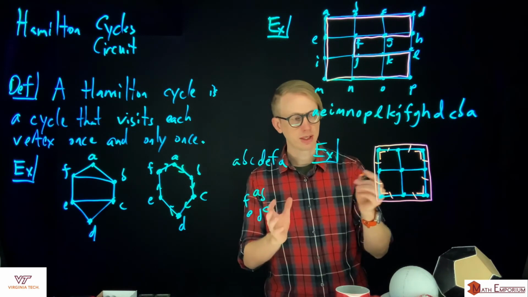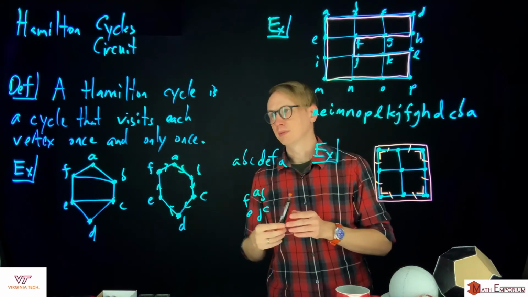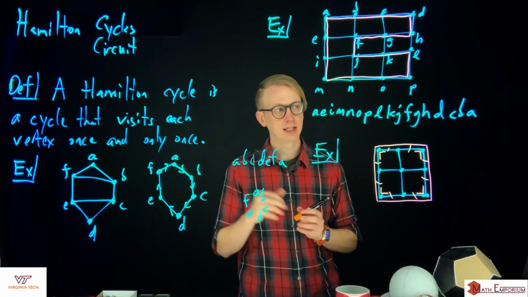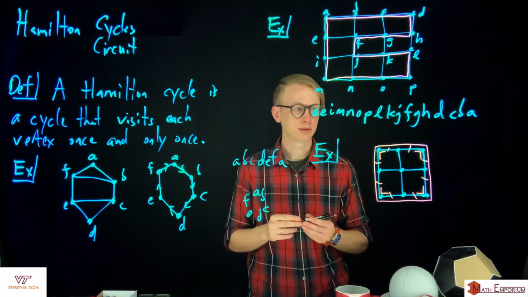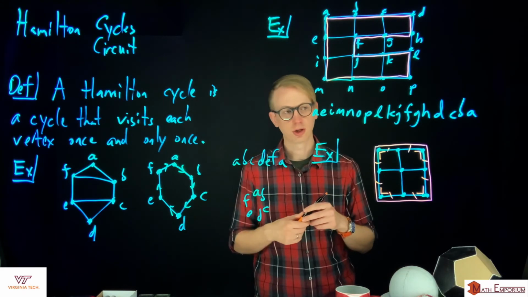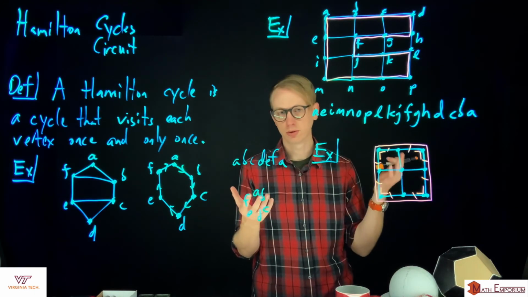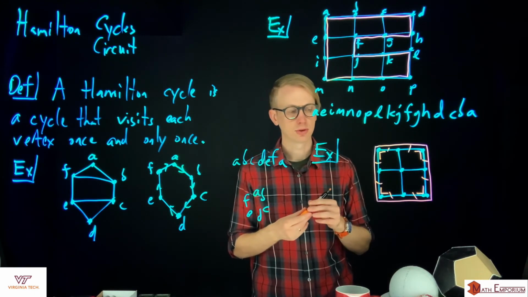All right, that's the bulk of what you can do. Now the rest is kind of just case by case, figuring things out. But it is not easy, when a graph does not have a Hamilton cycle, to always explain why it doesn't. There is no theorem like the other theorem we have that has this if and only if, where you check a condition and that tells you whether or not you have a Hamilton cycle.